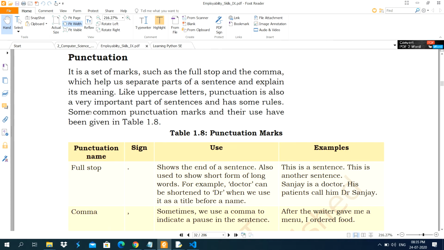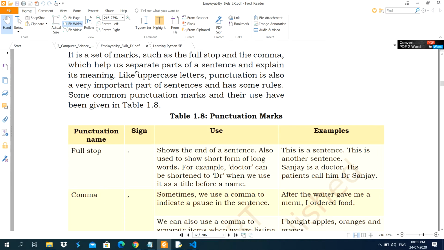Next is punctuation. Punctuation is used to apply a pause or to break a sentence into parts, and to specify some meaning. It is very important, so you have to learn the proper use of punctuation marks.